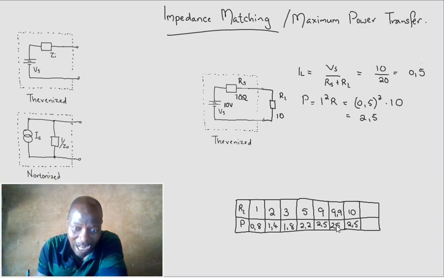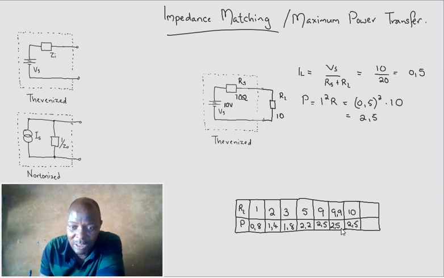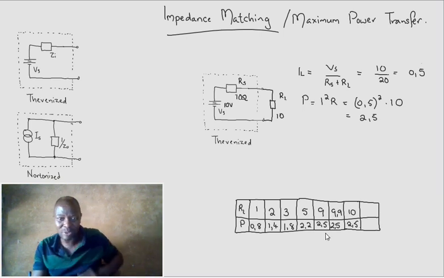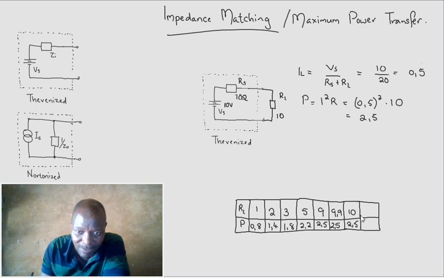These were only promoted by rounding off. Now, probably I should have used 3 decimal places to better illustrate this. We lose nothing. This is exactly 2.5.